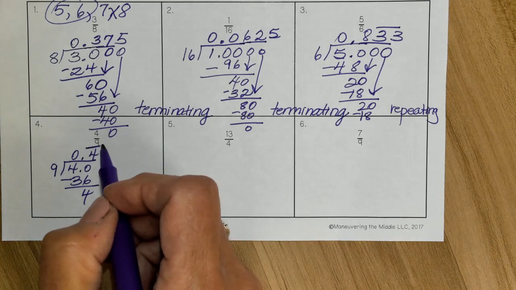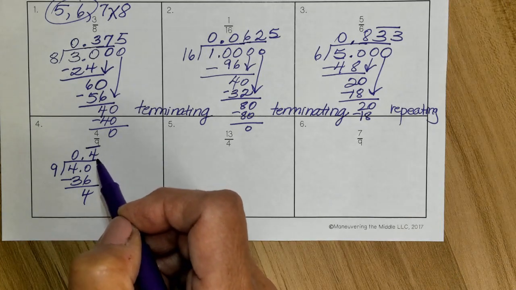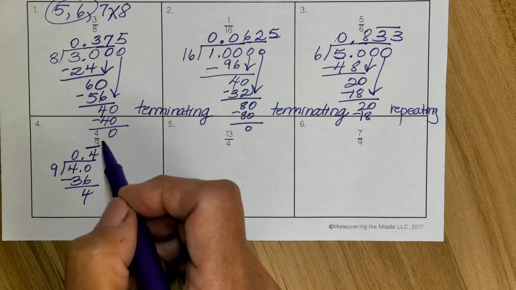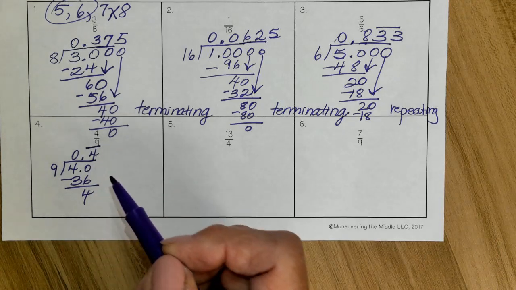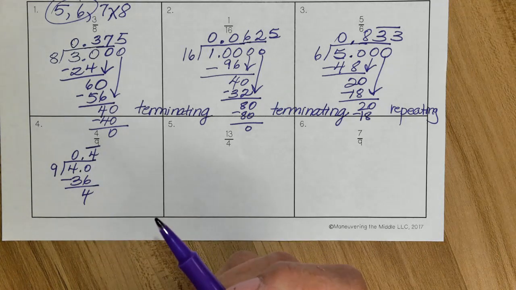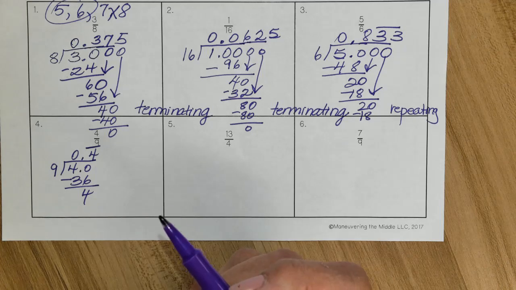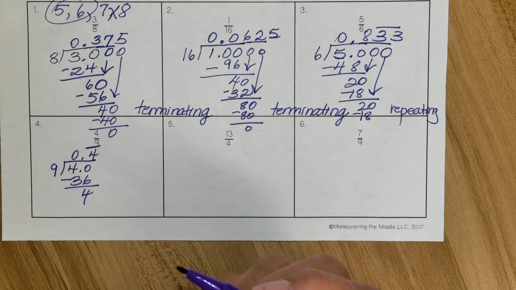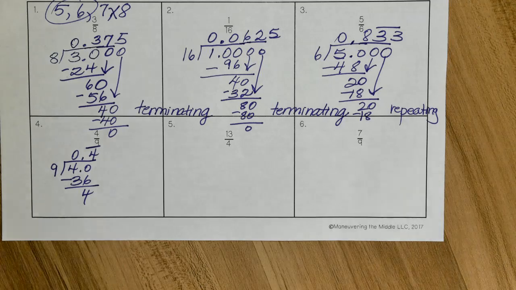Notice that denominator is 9. And when you have a denominator of 9, that tells you you're going to have a repeating decimal. Did everybody hear that? If you have a denominator of 9, you will have a repeating decimal.